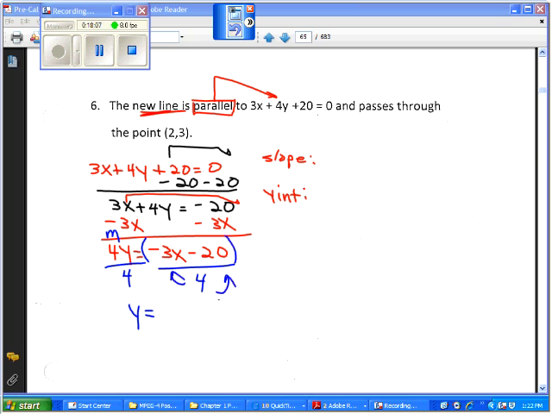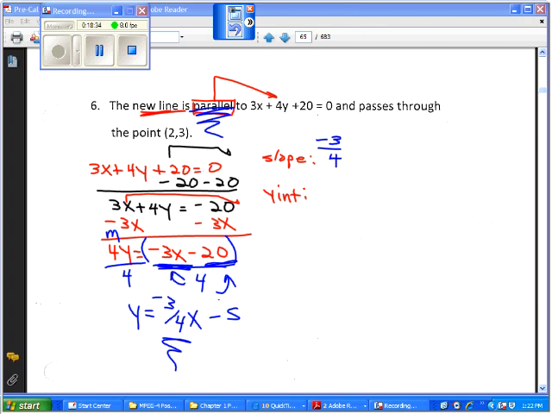Distribute that division. We get negative 3/4 x minus, divide with different signs, is negative 5. It says that they are parallel, so my line has the same slope as this line. So my line's slope is negative 3/4.